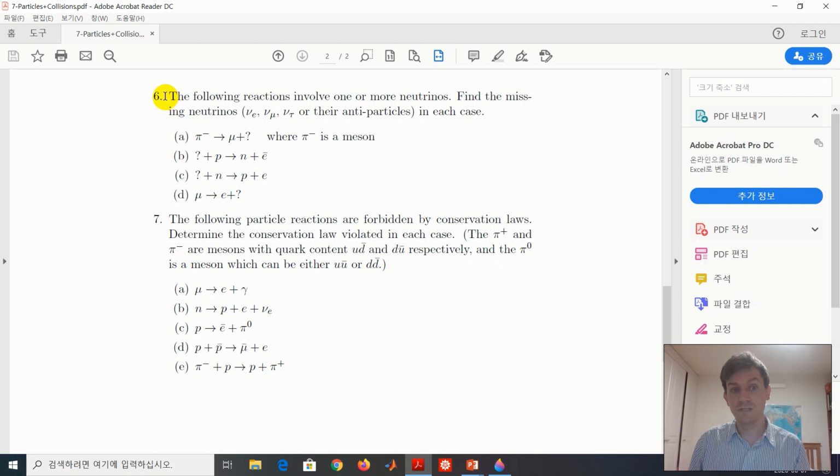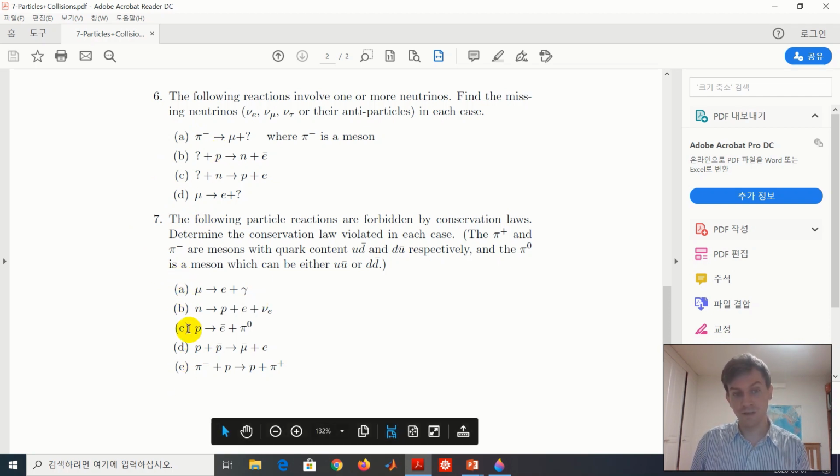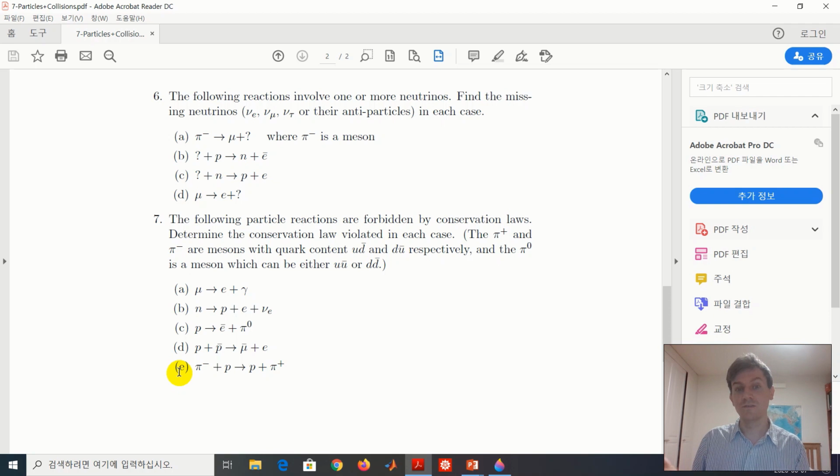So in question 6, you have to add neutrinos or antineutrinos in order to satisfy those conservation laws number 3, 4 and 5 for the lepton numbers. It should be fairly straightforward. Then in number 7, I give you 5 examples of particle interactions, all of which violate at least one of those conservation laws. So I just want you to tell me what conservation law is violated.